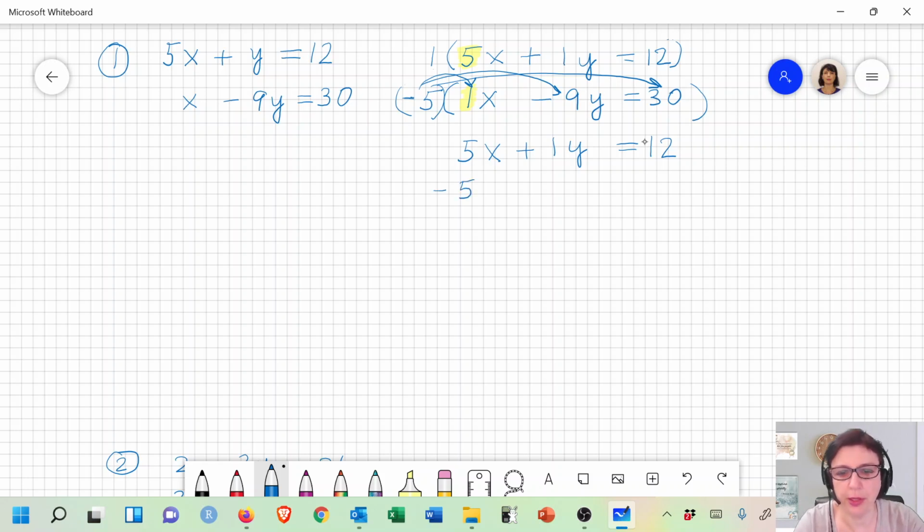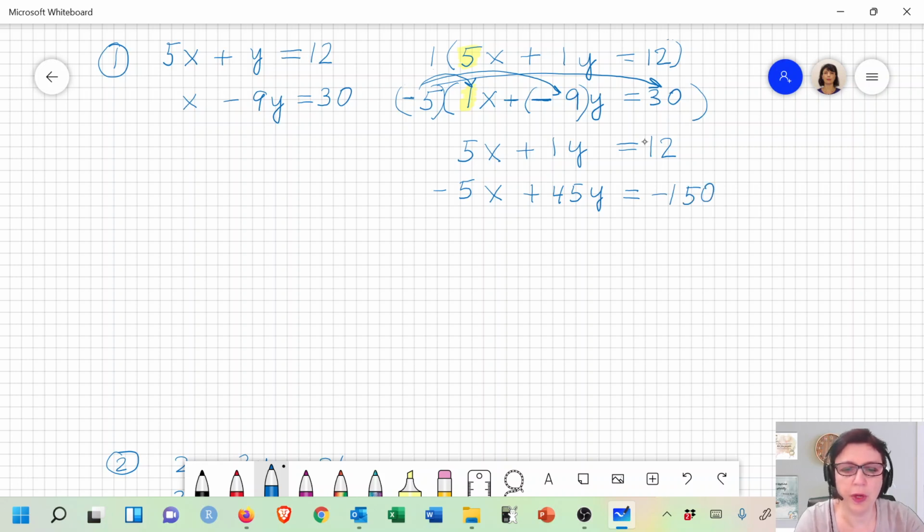You can use a calculator to check that. Then this one is just a subtraction, but you can always insert a plus because adding a negative is the same as subtracting. So now -5 will be multiplied by -9. That will be a positive 45y, equal then -5 times 30, that's -150.